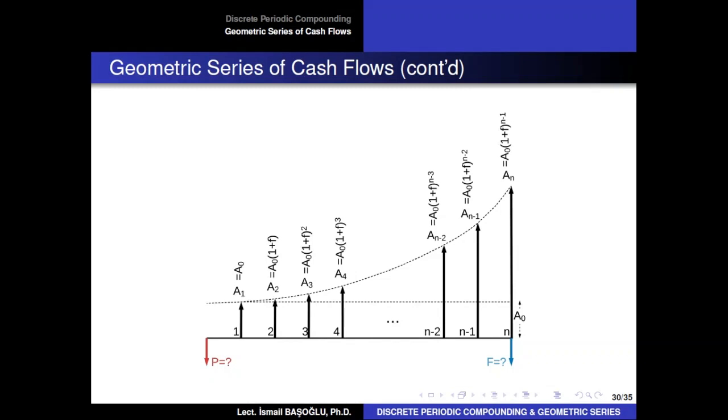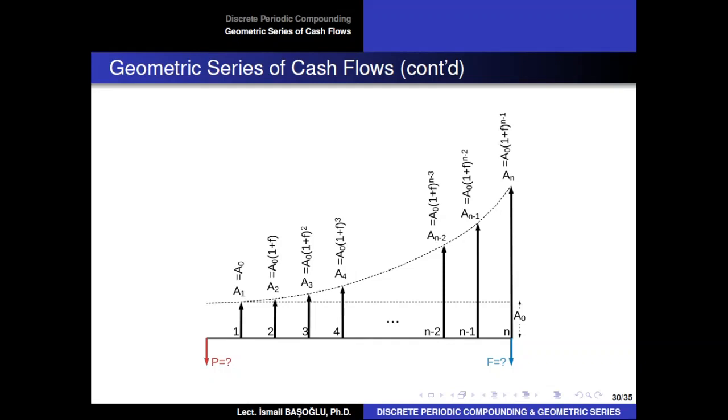Every worker would expect a salary increase at the end of every year, and that increase is going to be by a percent F. So this geometric series is much more practical than the gradient series or the uniform series in real life.